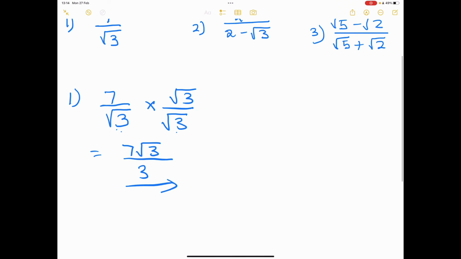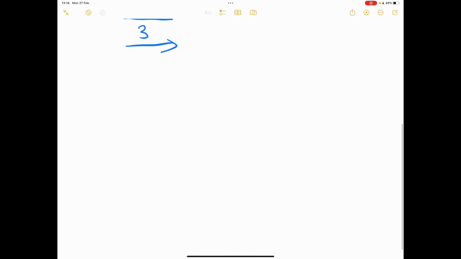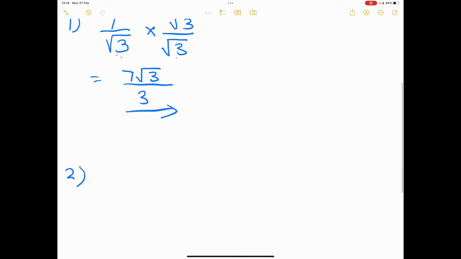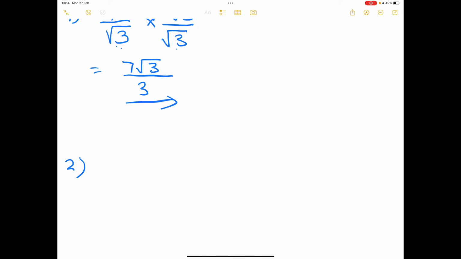Now, going on to the next one. They said we've got 2 over 2 minus root 3. So let's do that. What did we say? When we rationalize the denominator, we multiply by the conjugate of the expression, and we create the difference of two squares.